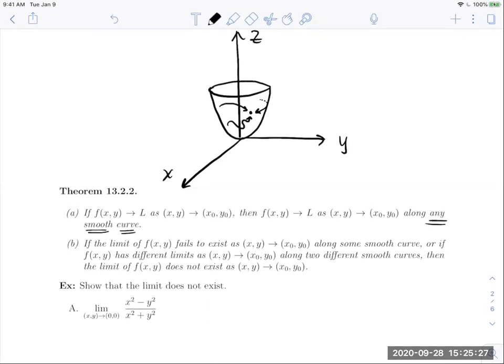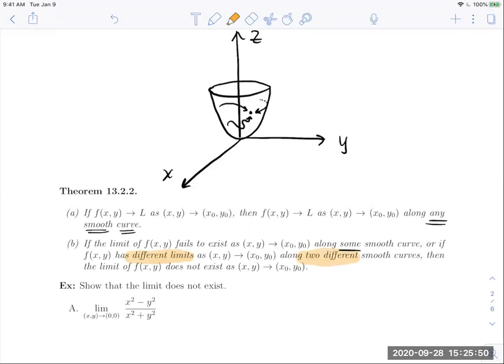All right? So conversely, if your limit of f fails to exist along some smooth curve, or if you have two different limits along two different smooth curves, then you say that the limit of that function does not exist as you're approaching that particular coordinate point.